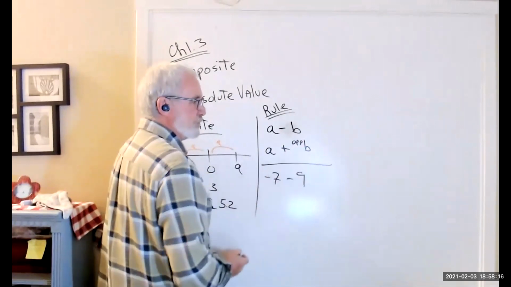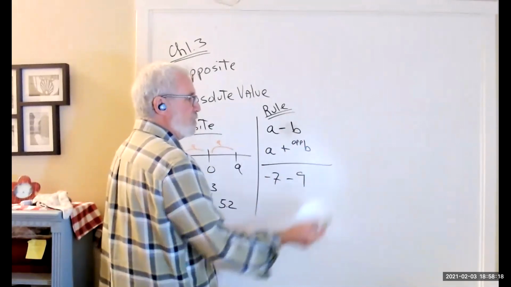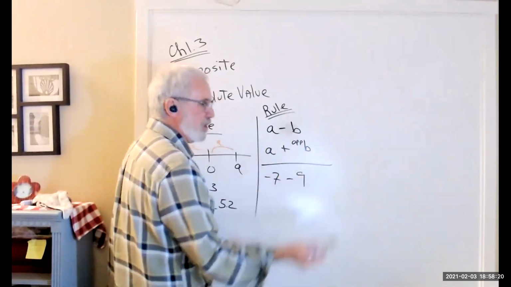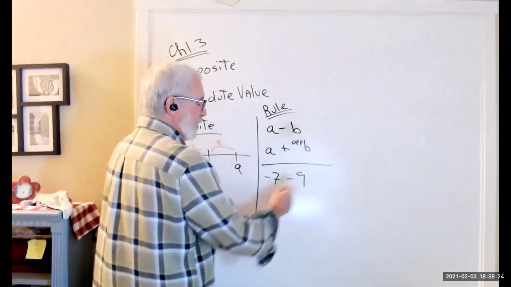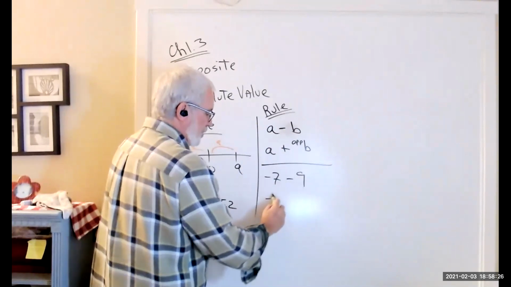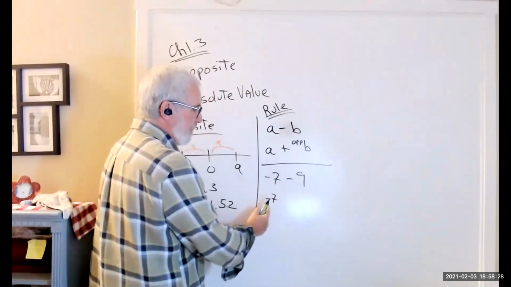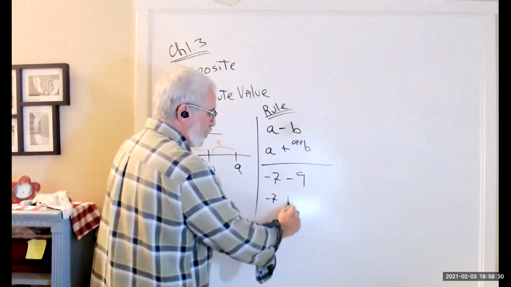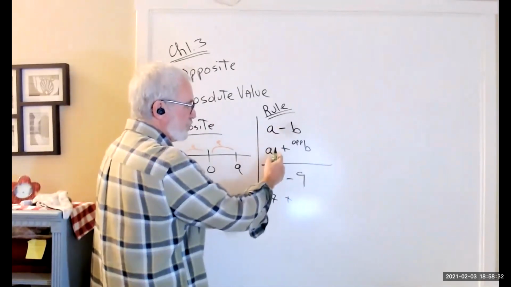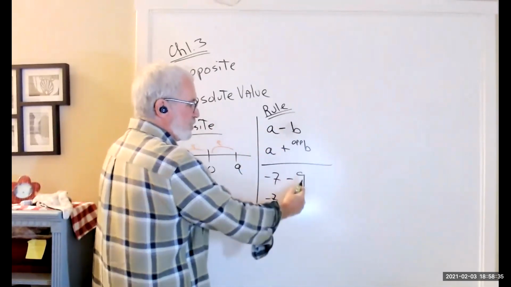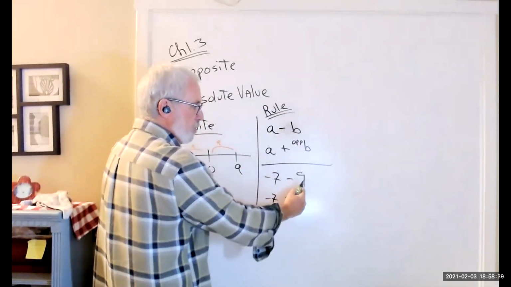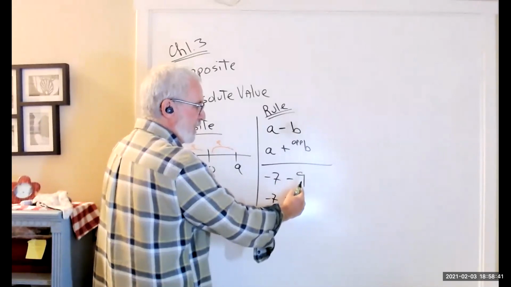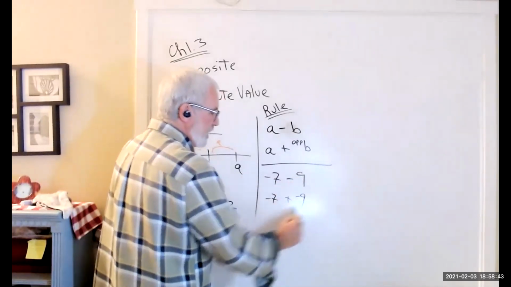That always confuses people. They don't know, is the answer 2, -2? Is it 16, -16? So this rule says leave the front number -7, change the minus to a plus, and change this number to its opposite. Well, what's the opposite of 9? -9.